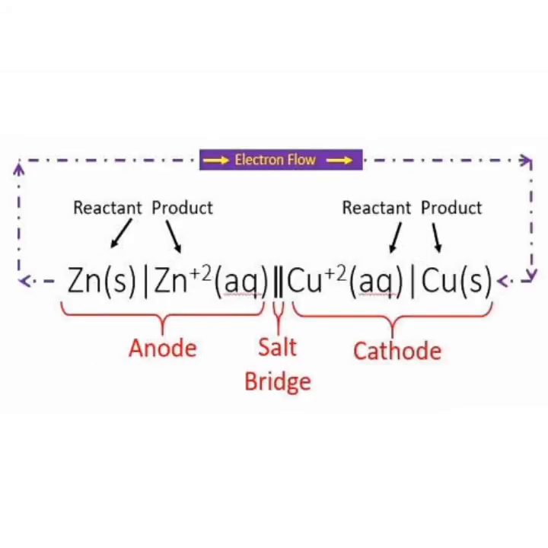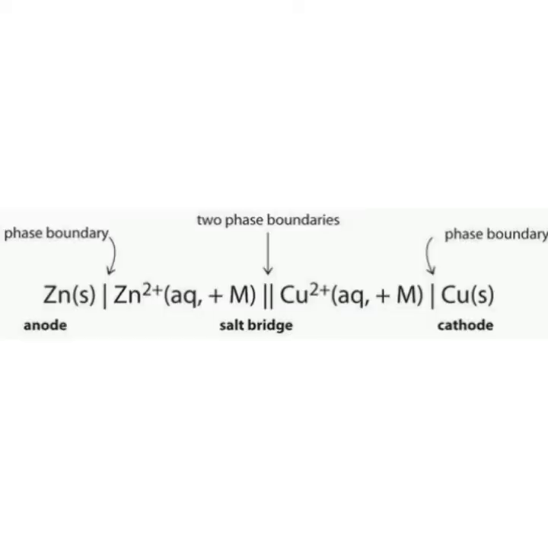Next, what is the representation of an electrochemical cell? An electrochemical cell is represented as anode | anode electrolyte || cathode electrolyte | cathode.